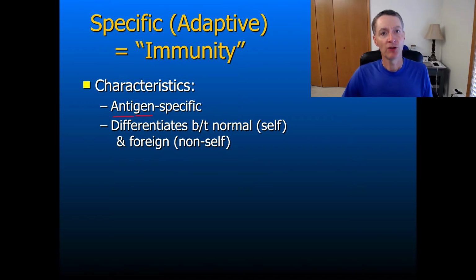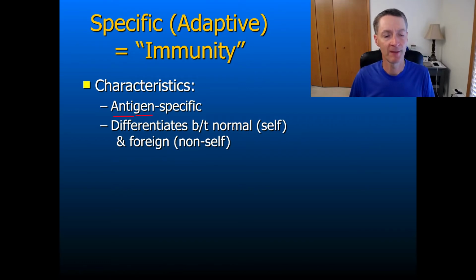Now, our immune system has to be able to differentiate between antigens. Oftentimes they are proteins, or proteins with something attached to them, that happen to be in our own body versus those molecules that happen to be on foreign invaders, like bacteria or viruses.